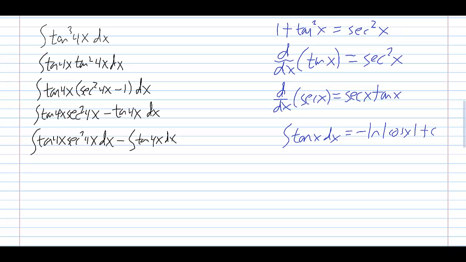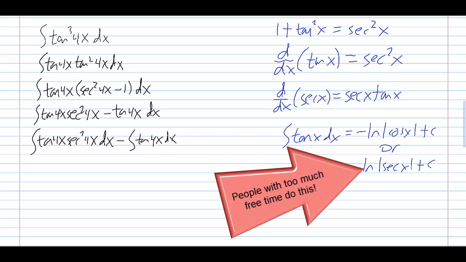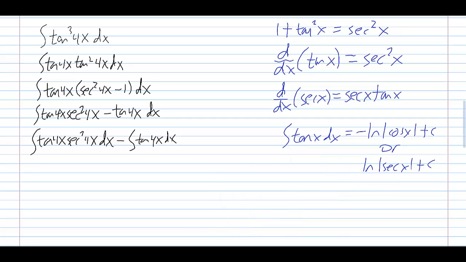Some people also say you could take that negative 1 and put it up in the exponent position, and that would give you another formula for the antiderivative of tangent: the natural log absolute value of secant x plus c. Now, I think the only people that do that are the people that have a lot of free time on their hands. I fully expect you to know that the antiderivative of tangent x is the opposite natural log absolute value cosine x.